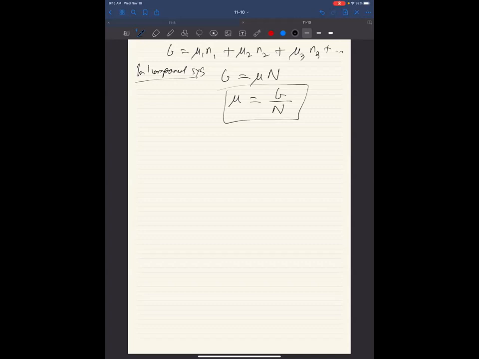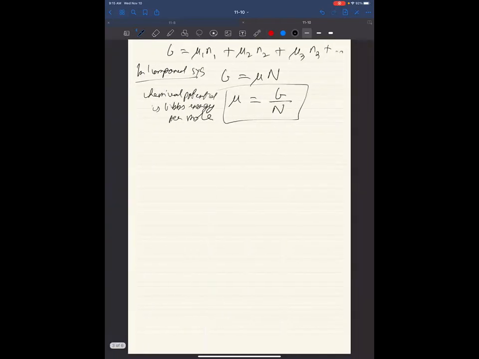Even professors forget this many times. In a higher component system, chemical potential is the partial derivative of Gibbs free energy with respect to number of moles, right? But if you have a one component system, it's really simple. So keep this in mind as we go further.